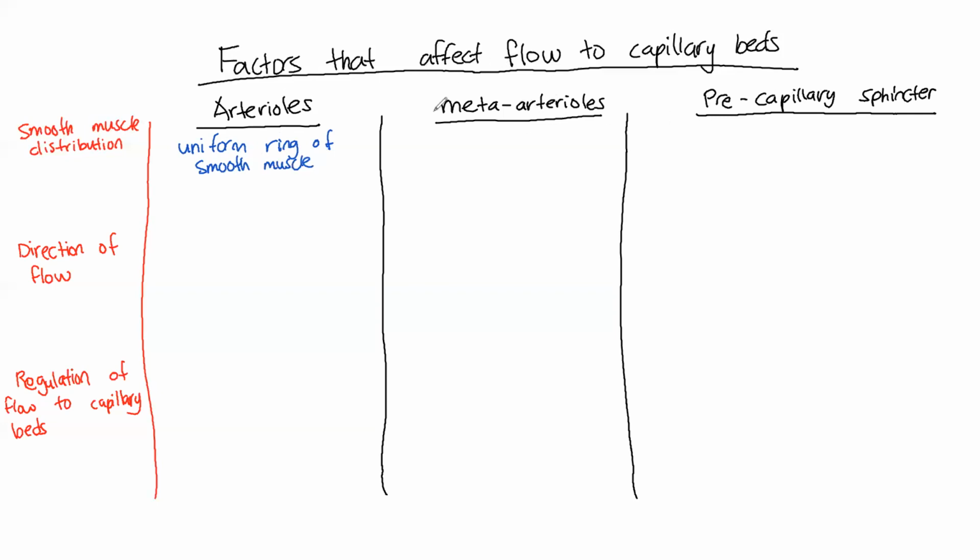The meta-arterioles and precapillary sphincters are really strategically located bands or strips of smooth muscle. So they're not uniform throughout the entire structure, but strategically located bands or strips of smooth muscle. And same is true for the precapillary sphincters.